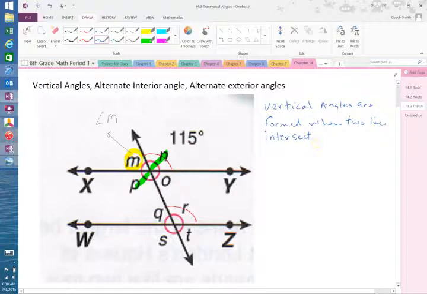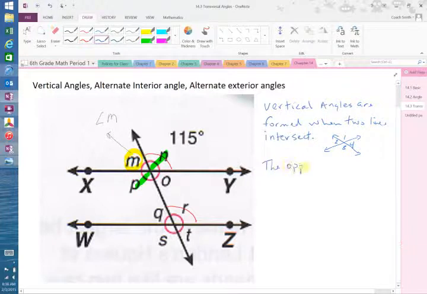When I have two lines that intersect, they form four angles. Now, they can intersect without forming four angles, like we talked about yesterday.